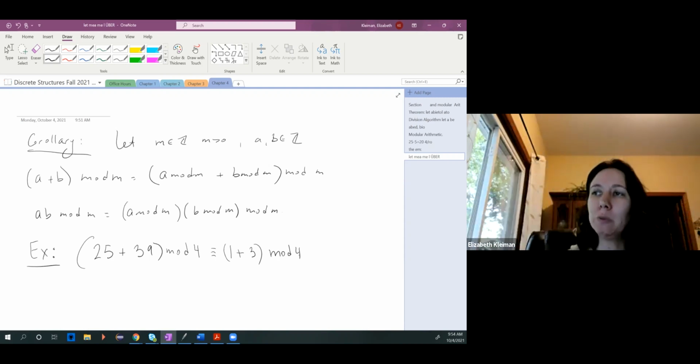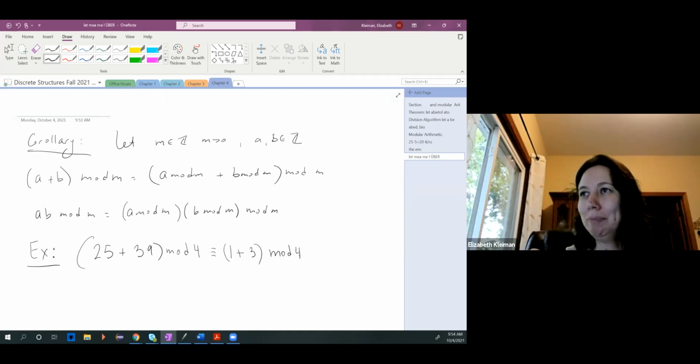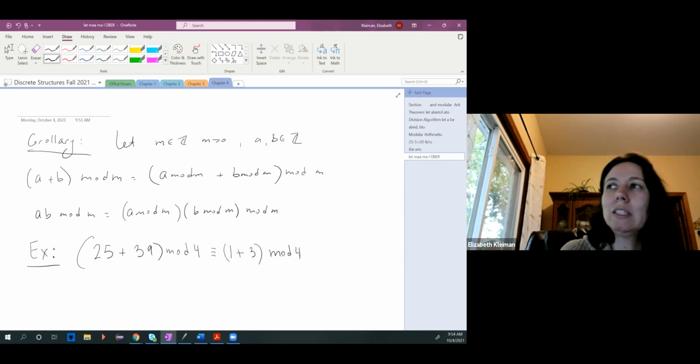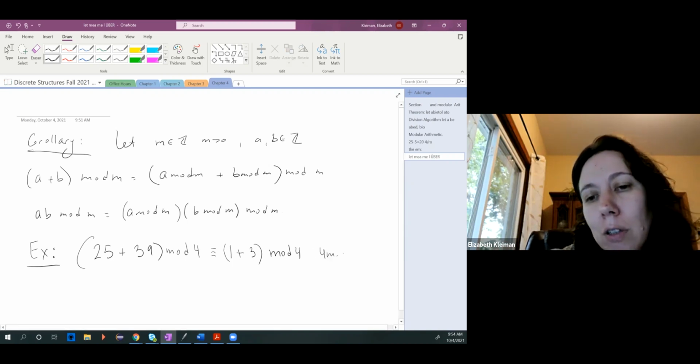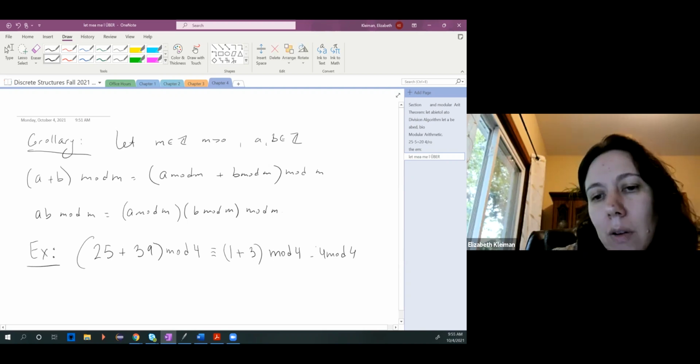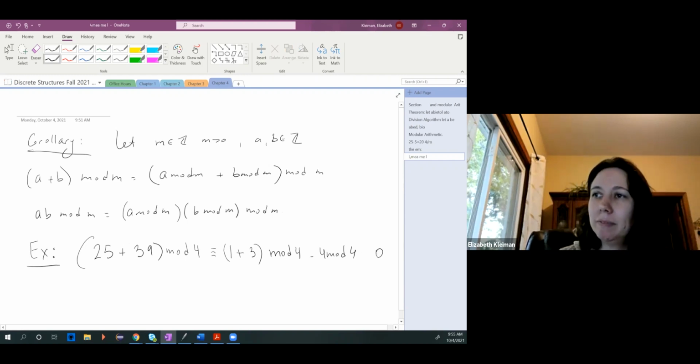And you always want to end up with calculating it so that the final answer is in between 0 and m. Does that make sense? So in this case, now what we're going to have is 4 mod 4. Why does it disappear? Which is just 0.